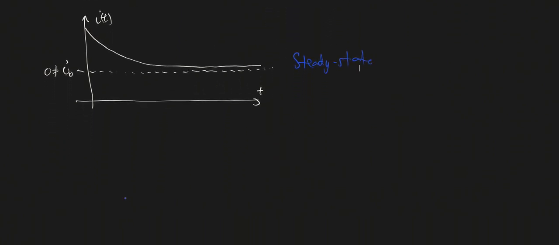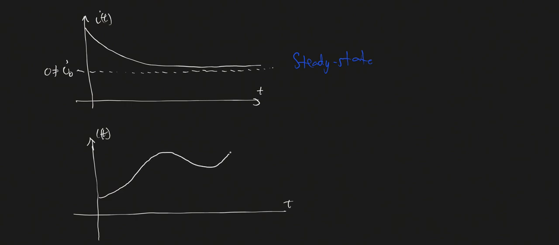Now, depending on your voltage, if you have a sinusoid as your voltage, then you could end up with something that's sinusoidal like this. So let me give you one example. You could have a response that does something like this. Early on, it seems exponential, and then it could start to level off and look like this, and so forth.